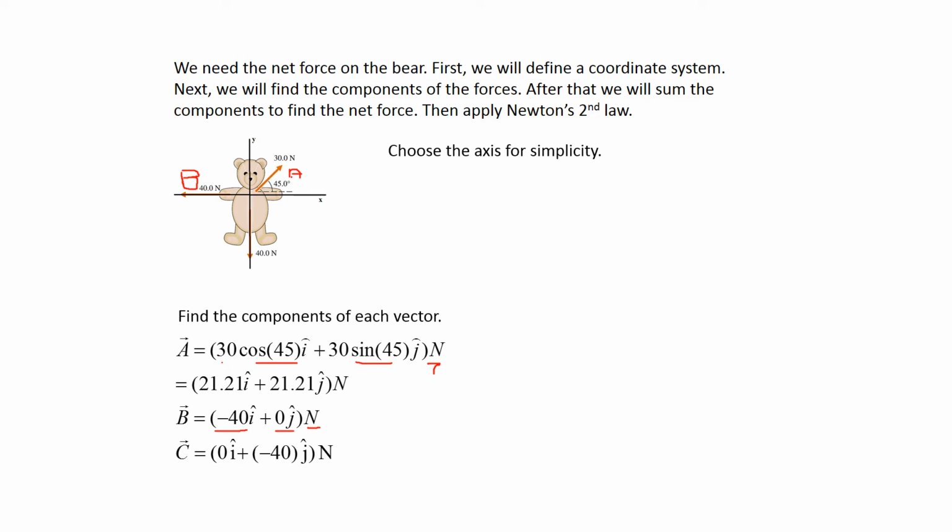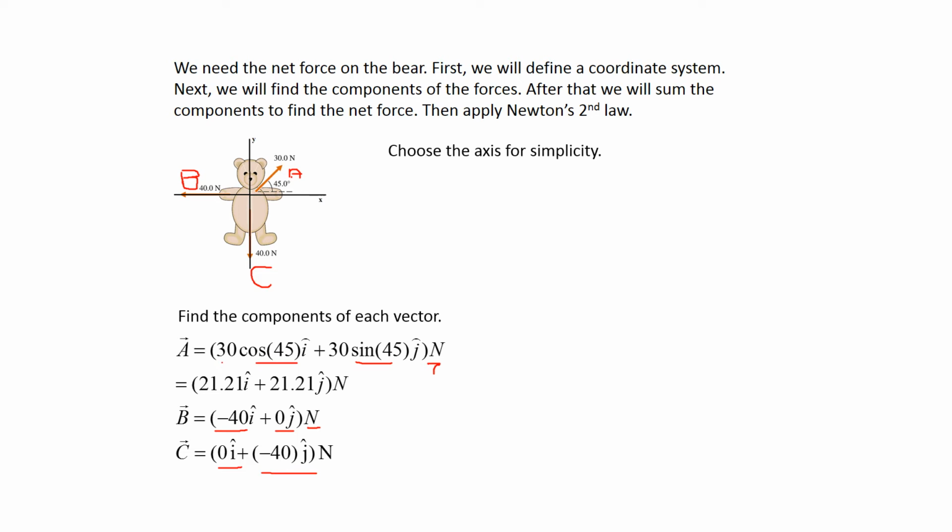By a similar sort of argument, this thing which I will label vector C has a 0 component in the i direction and a negative 40 newton component in the negative j direction because it lies on the negative y-axis.